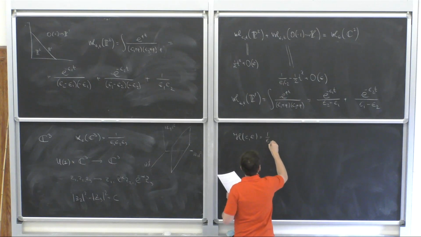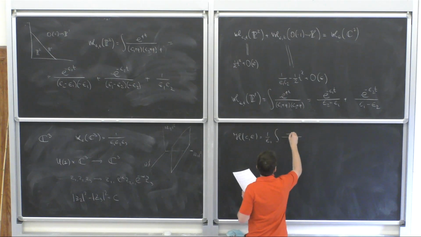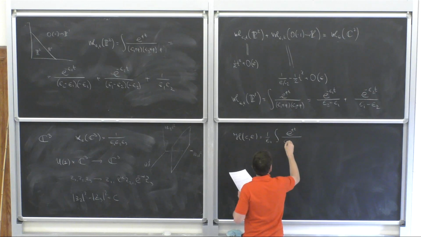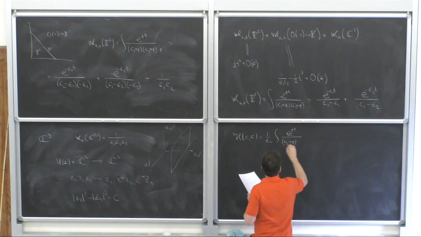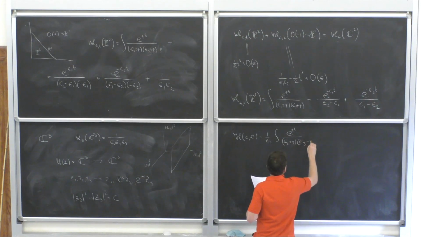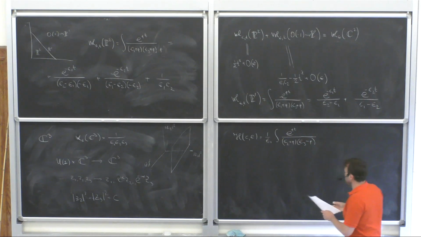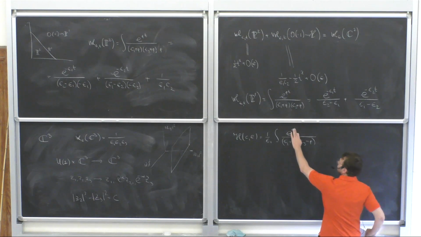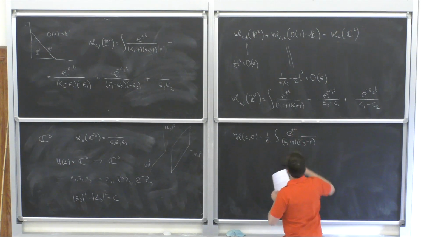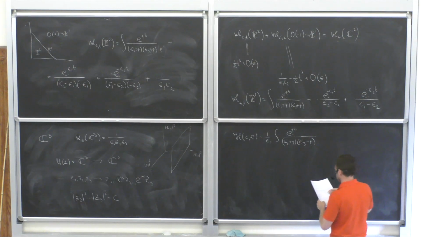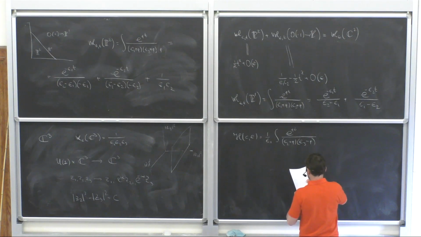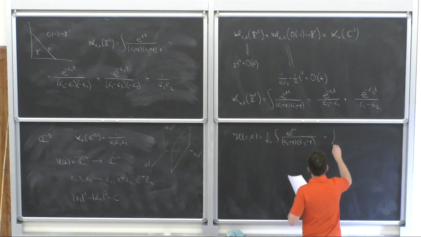This will be 1 over epsilon 1, and then I write this integral of d phi over epsilon 2 plus phi, epsilon 3 minus phi. Depending on the value of c, for c positive I pick up this pole, for c negative I pick up that pole, and then of course you get two corresponding values.